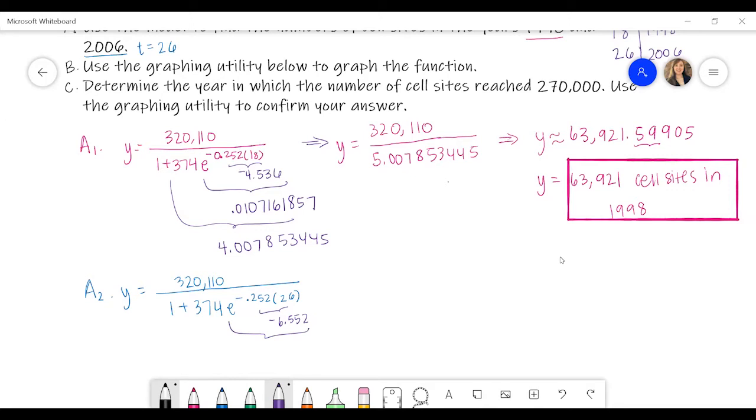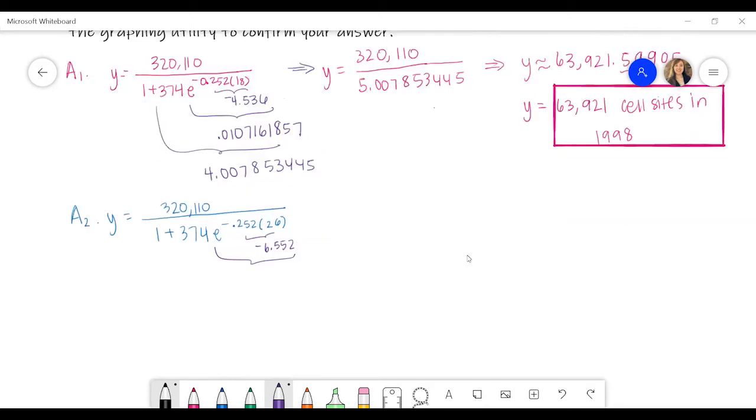So this portion, let's scroll up more. I get 0.0014272582 times 374, which gives us 0.5337945763, plus that 1.